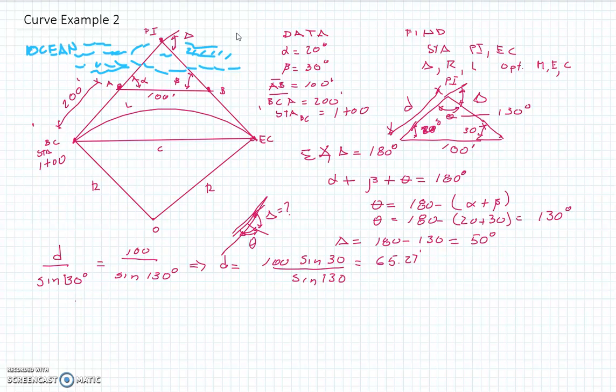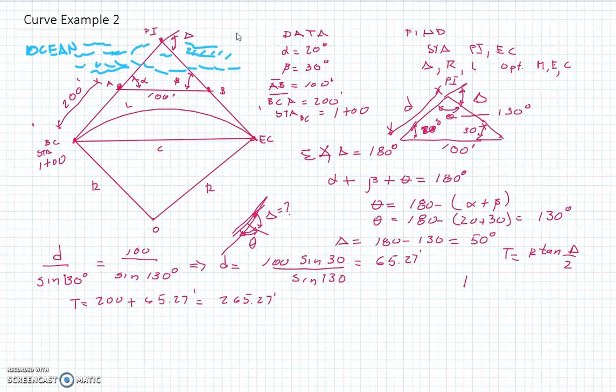Now I can find my tangent. My tangent is equal to 200 plus the distance that I found there, 65.27 feet, and this will be equal to 265.27. Now, remember the tangent formula? The tangent is equal to the radius times tangent of delta divided by 2.